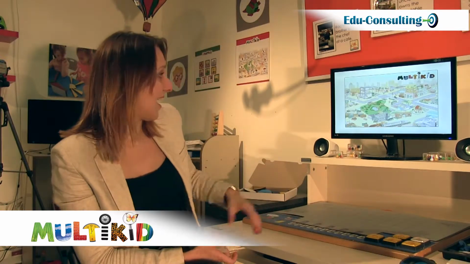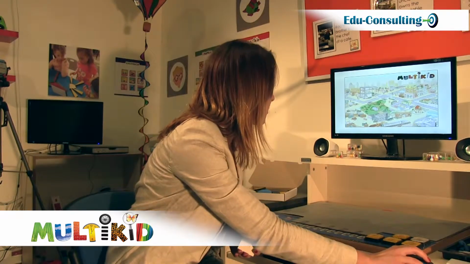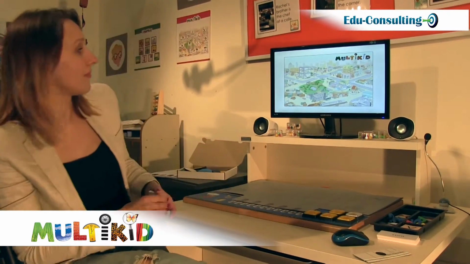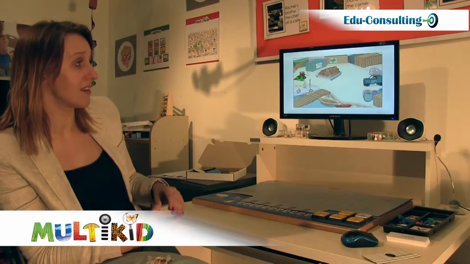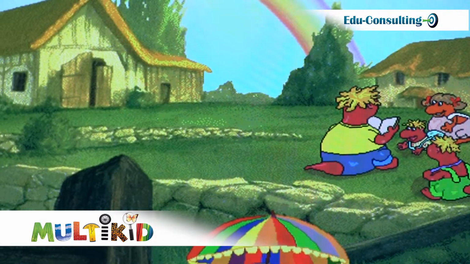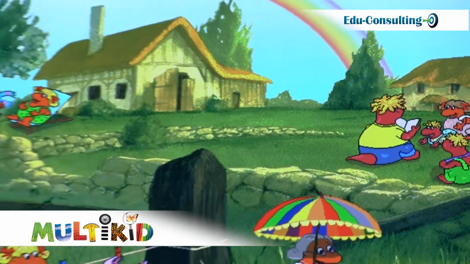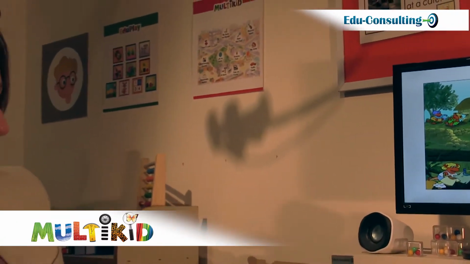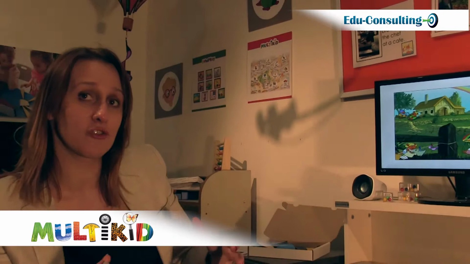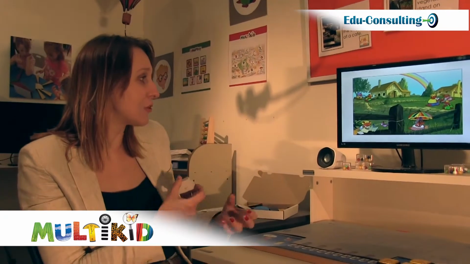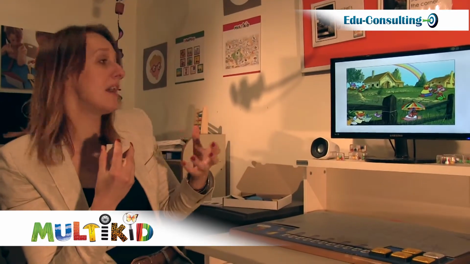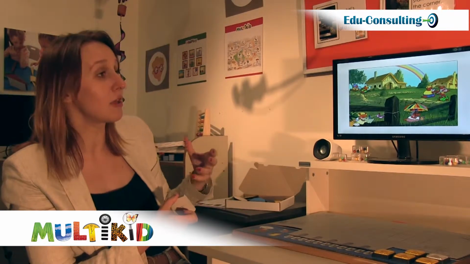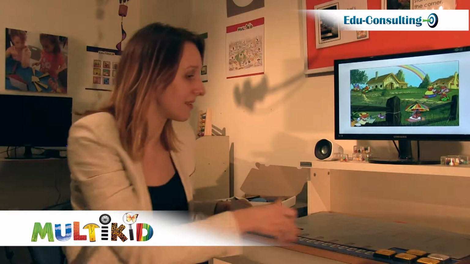Another activity which I would like to show you is seasonal matters, which is basically part of science, and which helps children to get acquainted with different seasons, to understand the differences between the seasons, to understand which seasons they have in their country and which seasons they don't have, to learn different vocabulary, and to learn the different characteristics of that particular season.